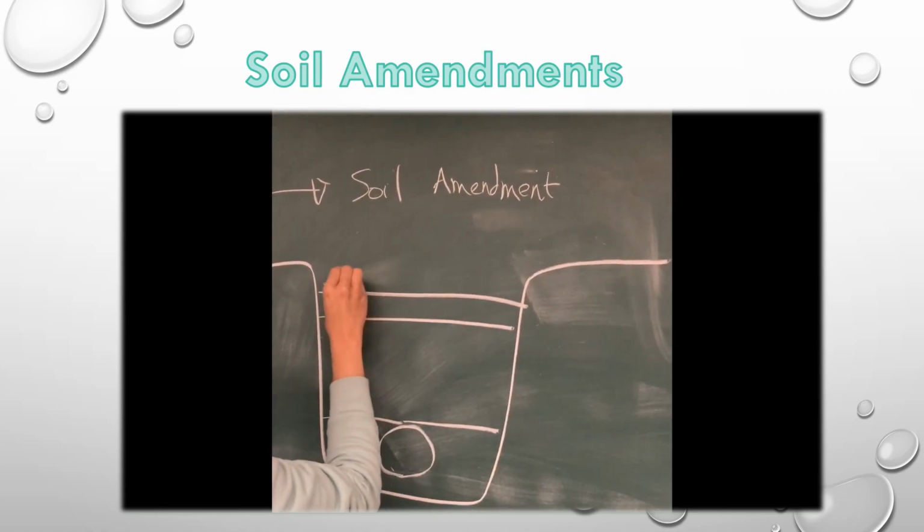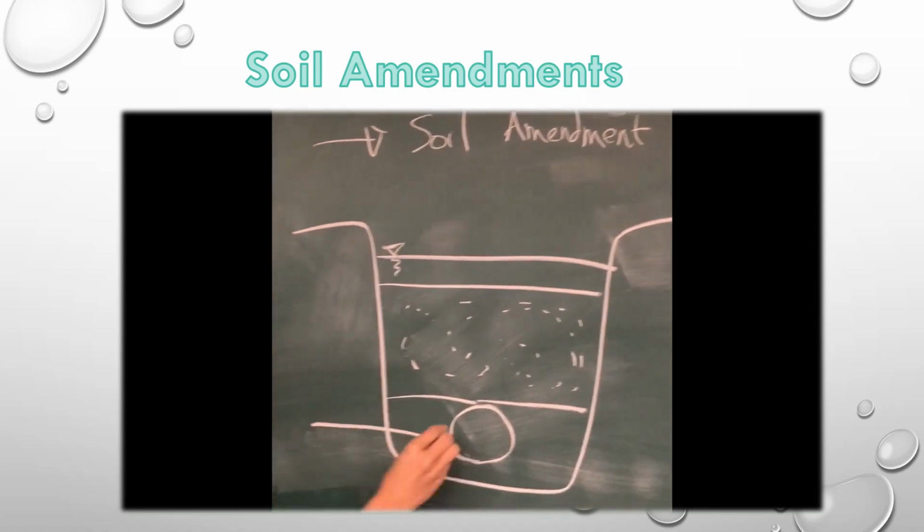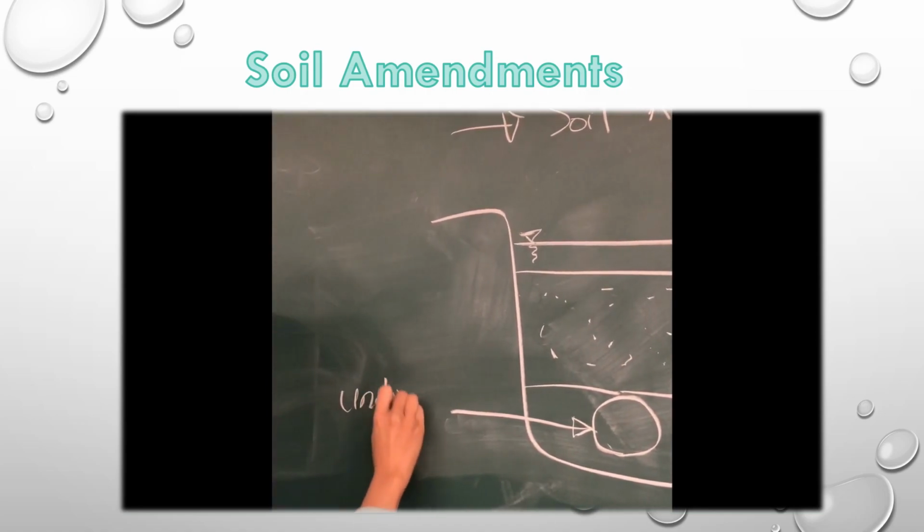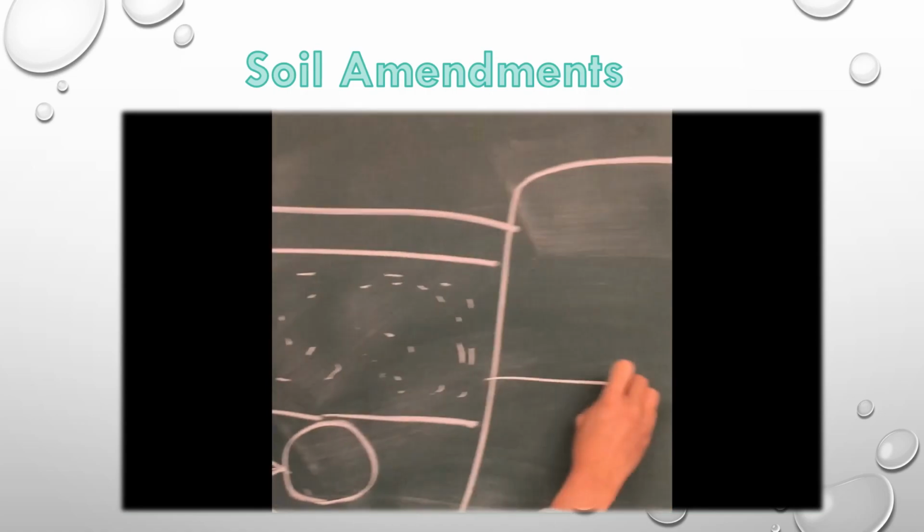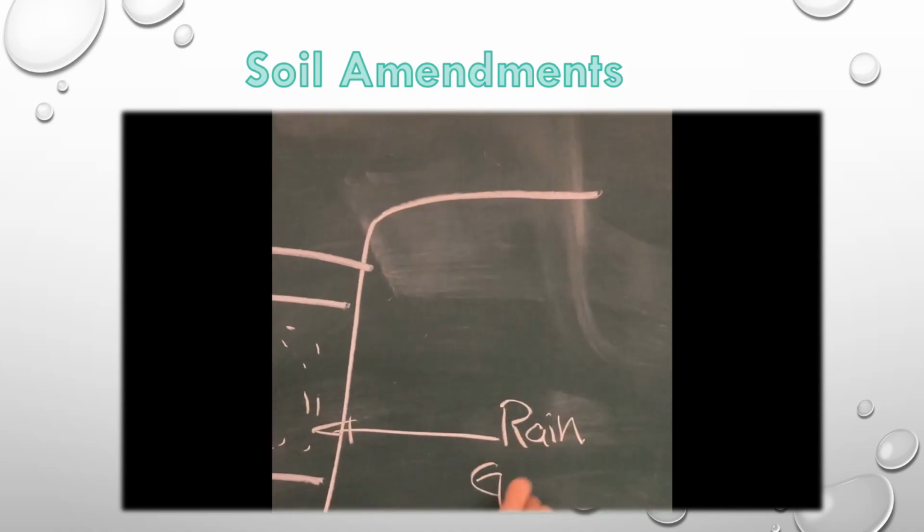All green spaces, like grass or vegetated areas, are proposed to include soil amendments in conformance with the implementation guide.